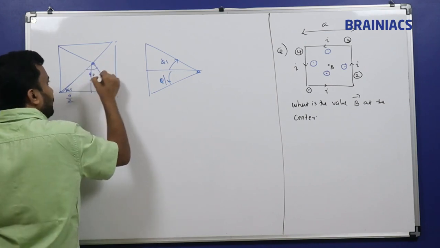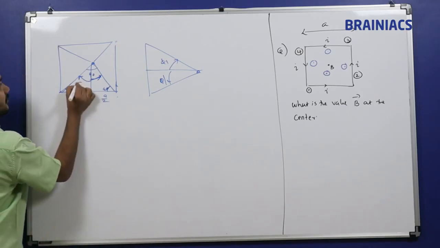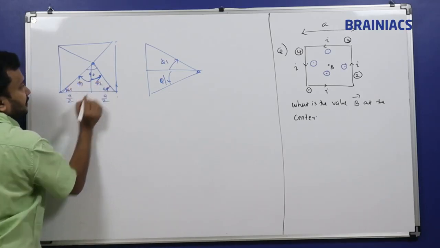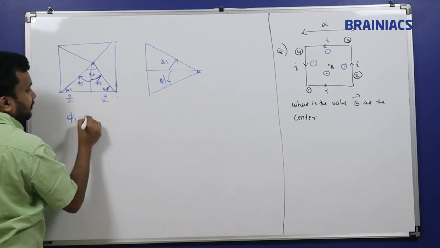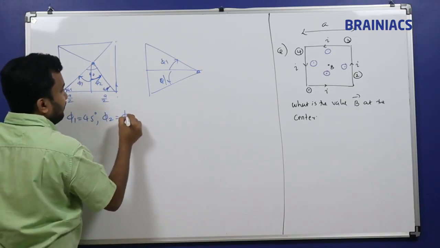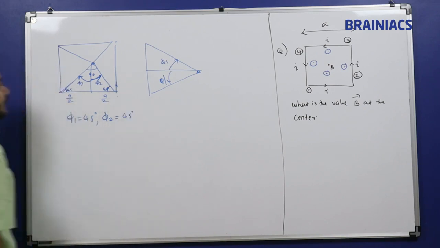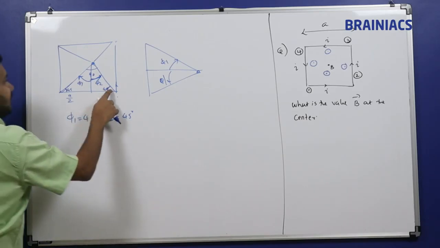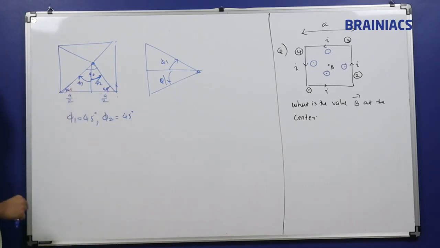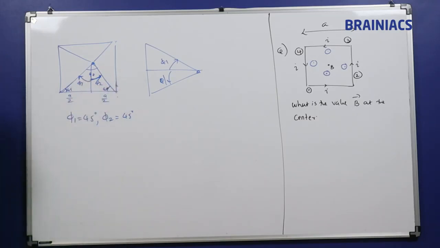So we need this angle and this angle. What is phi 1 here? 45 degree. What is phi 2 here? It's also 45 degree. Total is 90, 45 plus 45.